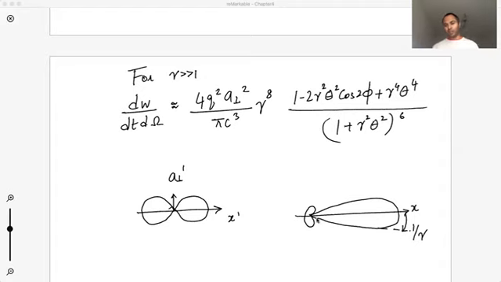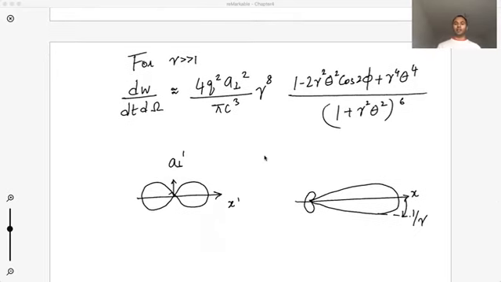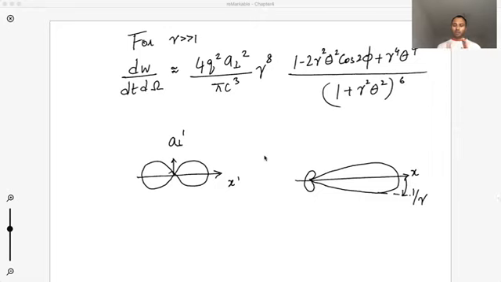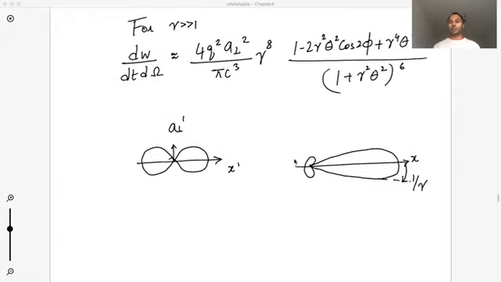So actually most of the radiation leaves close to theta equal to 0, and the angular extent of radiation, again, is because of this gamma square theta square combination here. This extent of the beam is going to be 1 over gamma, right? So that's going to be the radiation pattern. Again, everything is confined into a very narrow set of angles for an ultra relativistic charge. And so this is basically called relativistic beaming.